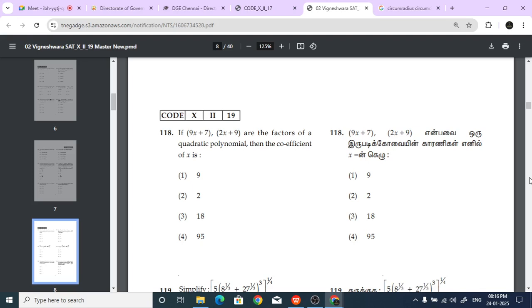If 9x plus 7 and 2x plus 9 are factors of a quadratic polynomial, then the coefficient of x will be how much?